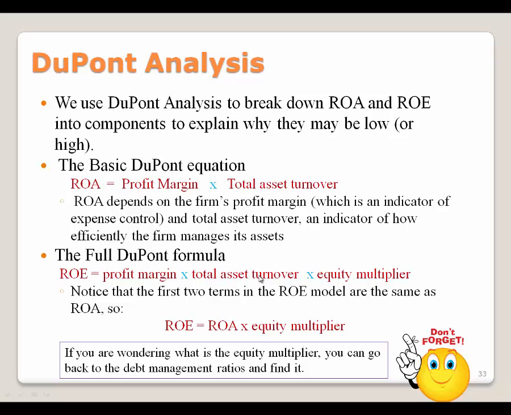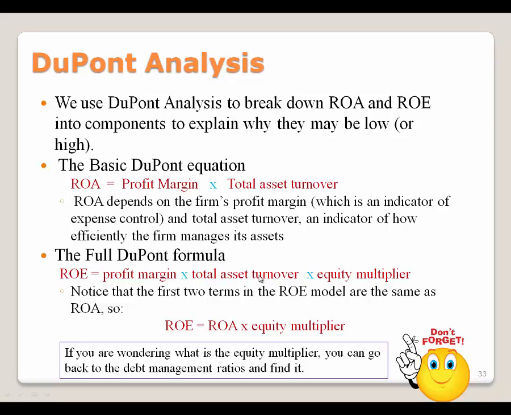And you will see things cancel out, and what you will have left on the right hand side is net income over equity, and that is ROE. If you don't remember what equity multiplier is, you can go back a couple of slides earlier. When we talked about debt management ratios, equity multiplier is total asset over equity.